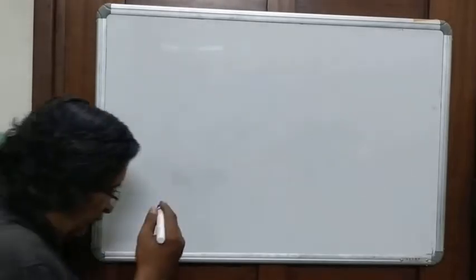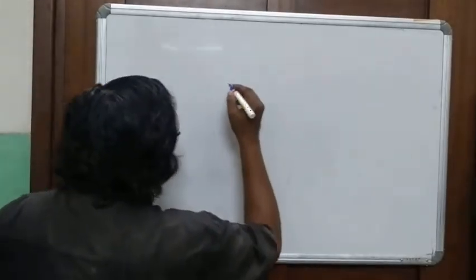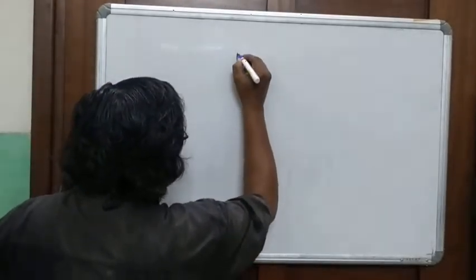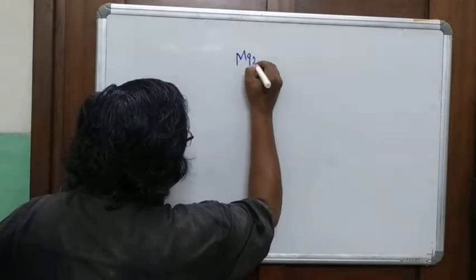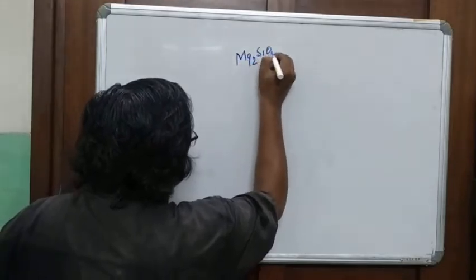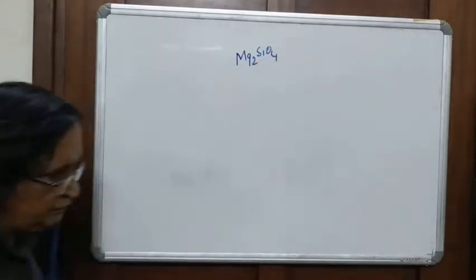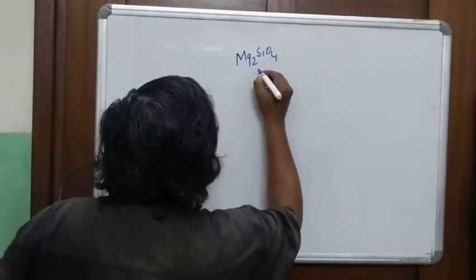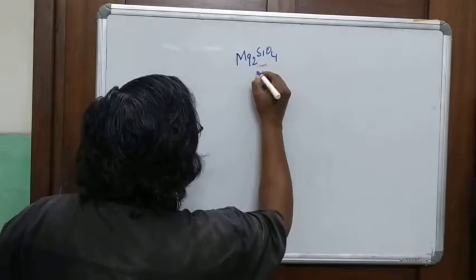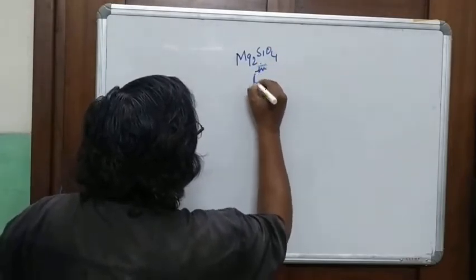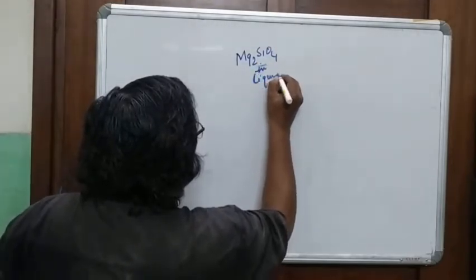Now, say for example, all of you know forsterite, Mg2SiO4, the mineral forsterite, and this forsterite in liquid.